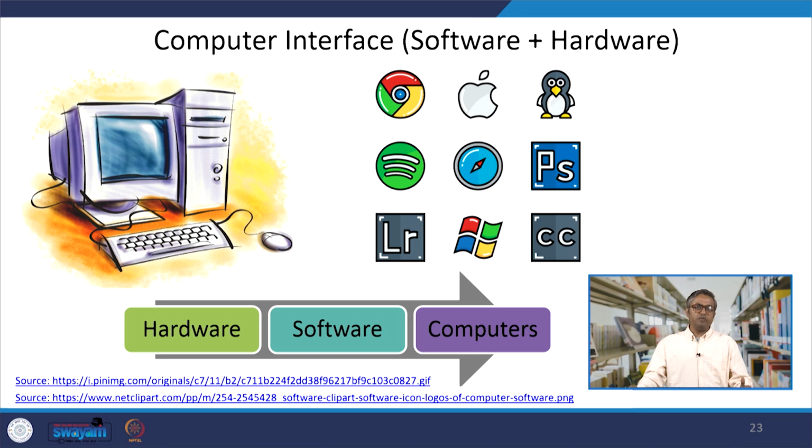The user of Macintosh will find difficulty interacting with Windows software. The user of Windows software will find it difficult to interact with Linux software. The user of Safari will find it easy to work with Macintosh, but difficult to work with Google Chrome.